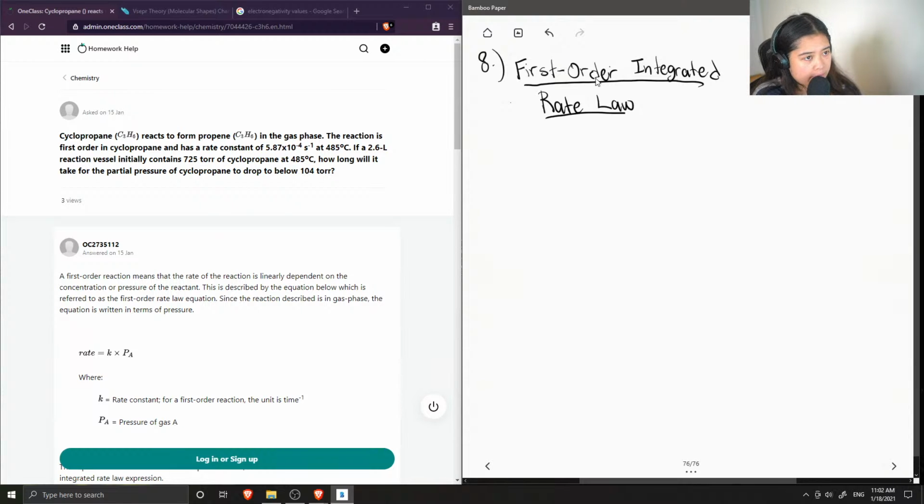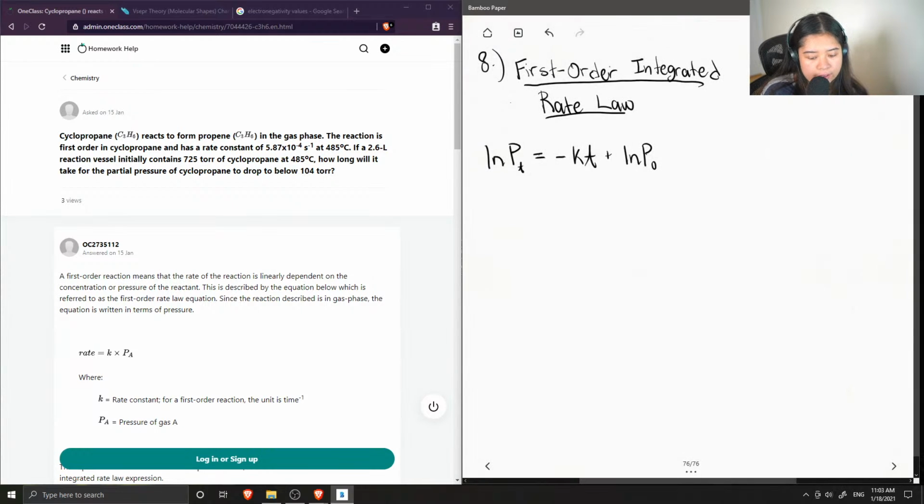But in the case of our question, we have a first order rate law. So this tells us that we can write down this equation as ln of the pressure at time t is equal to negative kt plus ln P naught.